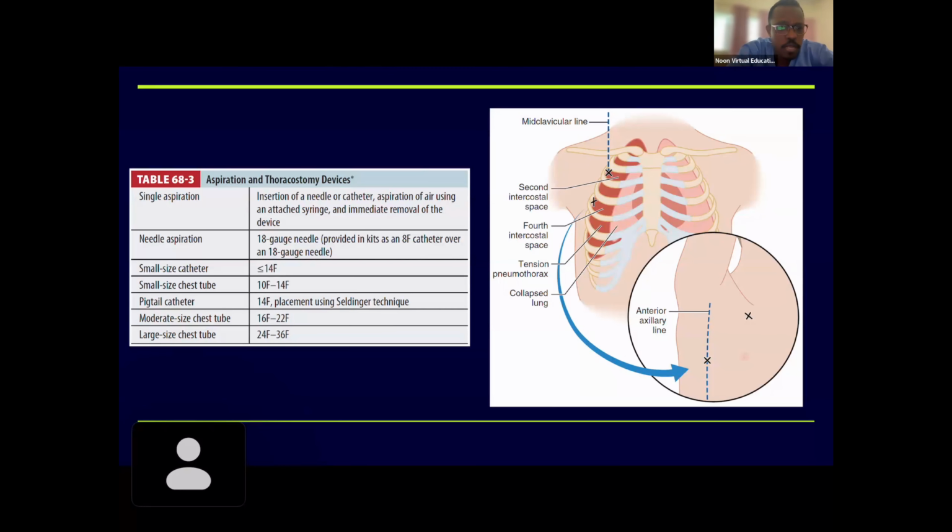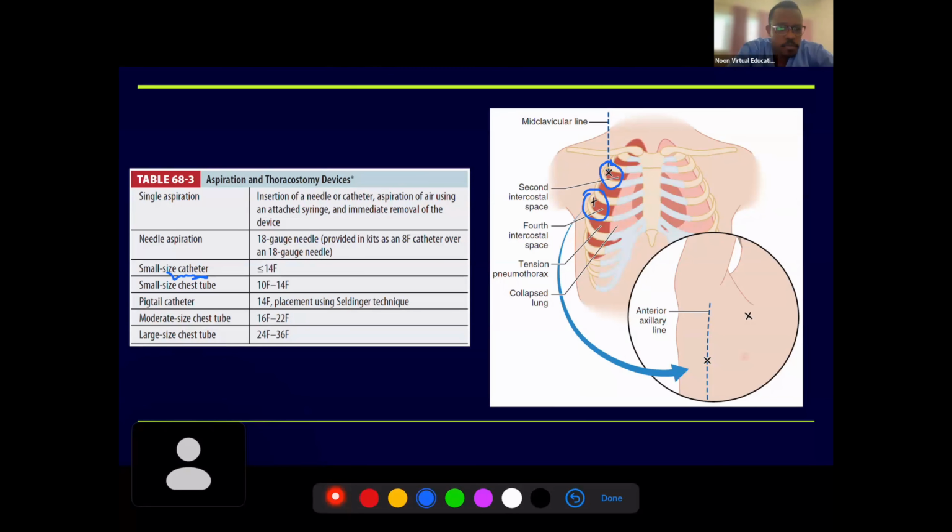You can go with a small size catheter, less than 10, or a small size chest tube, up to 36. So the size of the pneumothorax determines the size of the chest tube. It may be a child, but the size also needs to be adjusted. Okay.